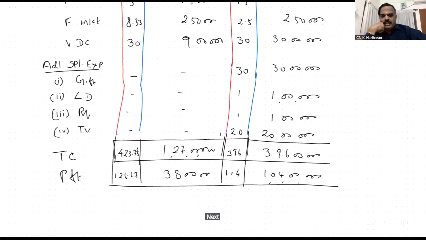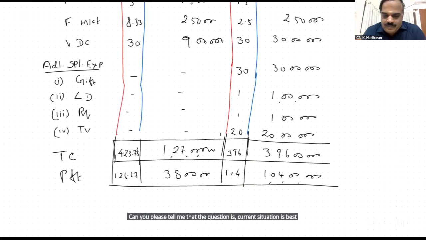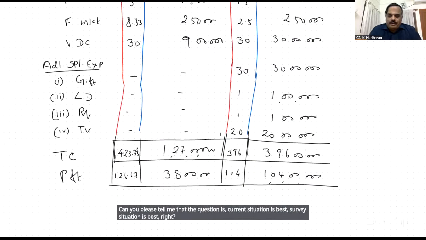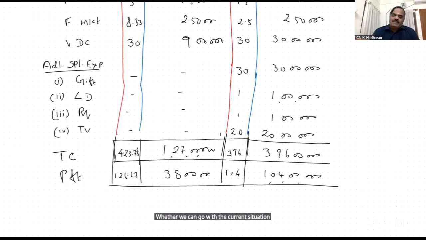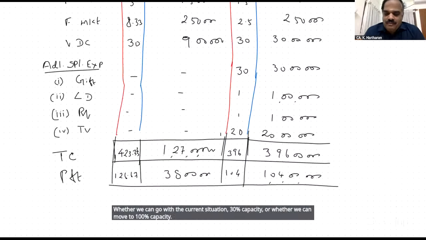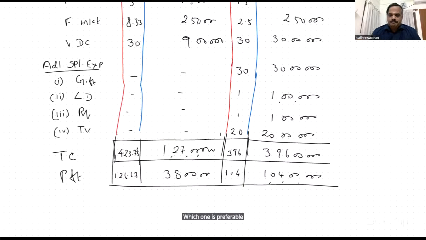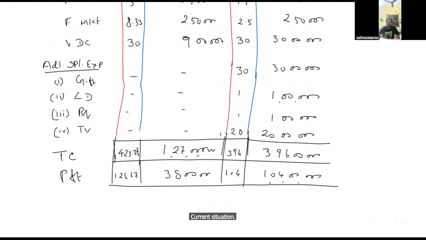Next, conclusion. Can you please tell me the requirement of the question: is the current situation best or the revised situation best? Whether we can go with the current situation of 30% capacity or whether we can move to 100% capacity. Which one is preferable? Current situation, because per unit profit is higher, 126.